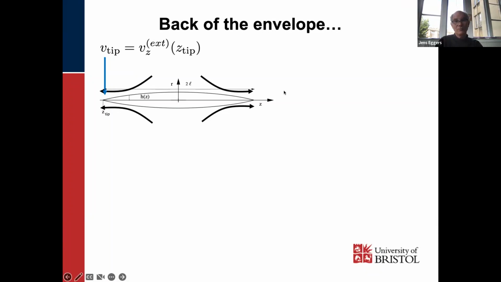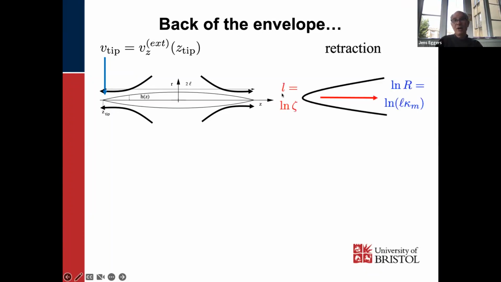And this flow is balanced by an opposing flow, which comes from the capillary retraction of this tip here. And if these two balance, if the flow going to the left and the retraction balance, then I'll have a stationary interface, which is what I'm looking for.